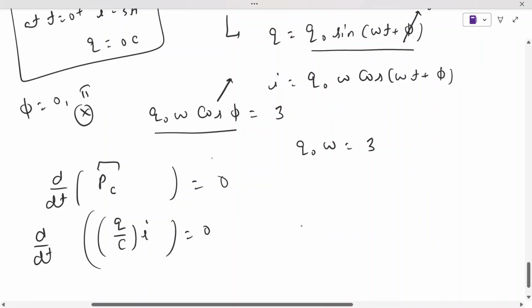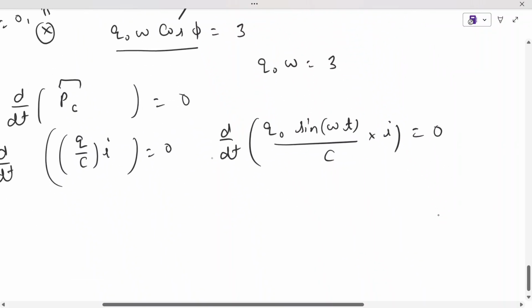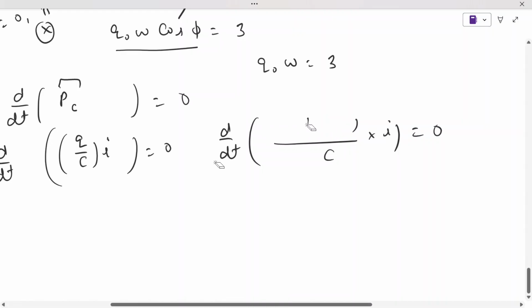And what is charge on the capacitor? It is simply Q naught sin omega t upon C into I, d by dt of that should be equal to 0 itself. Fine. So I can simply write d by dt of IQ equal to 0.